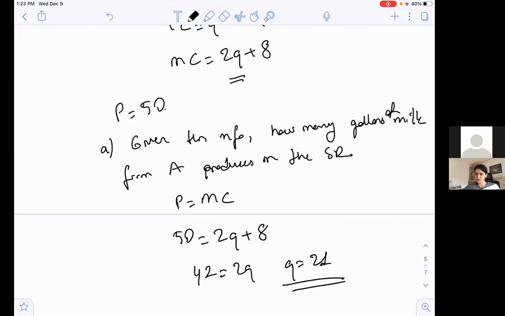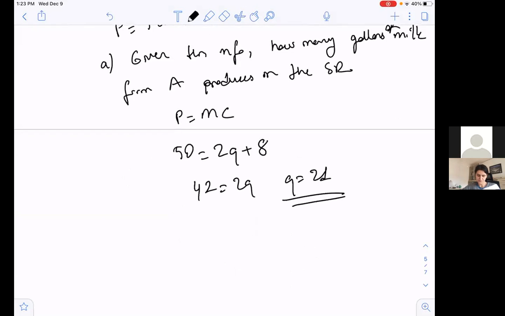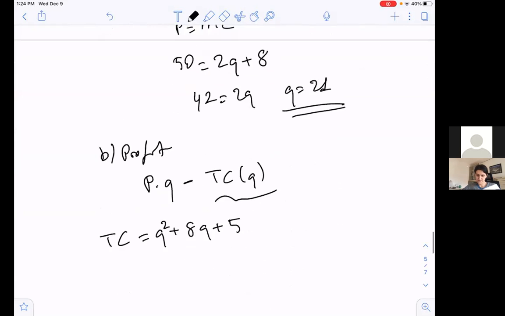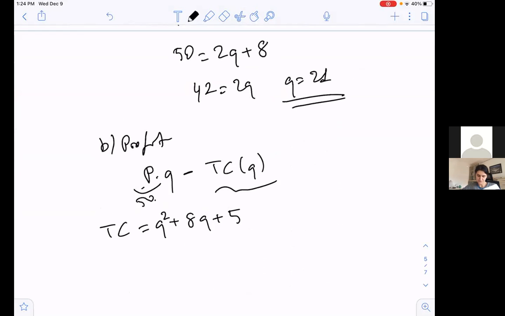Given your answer, find the short run profit. How are you gonna do it? It is easy. Profit is P times Q minus total cost of Q. We know the total cost: Q square plus 8Q plus 5, and price is 50. So 50 times 21 minus 21 square plus 8 times 21 plus 5.